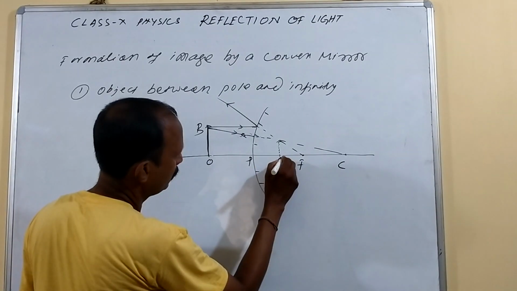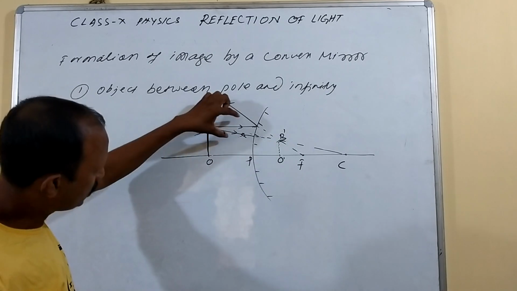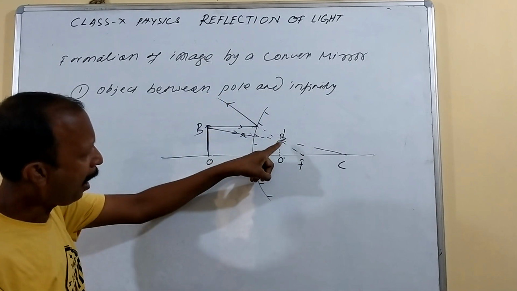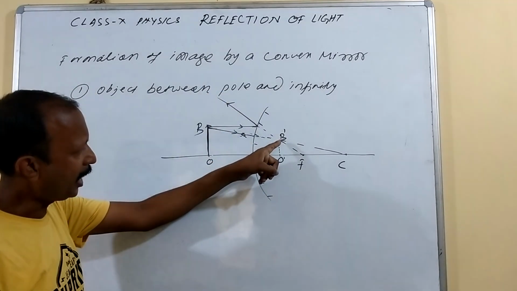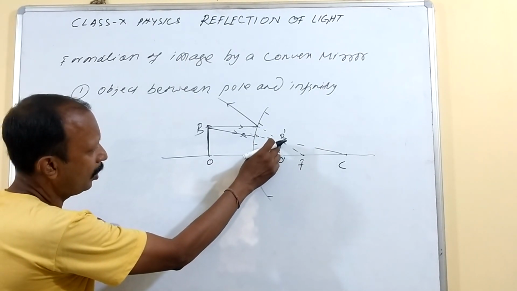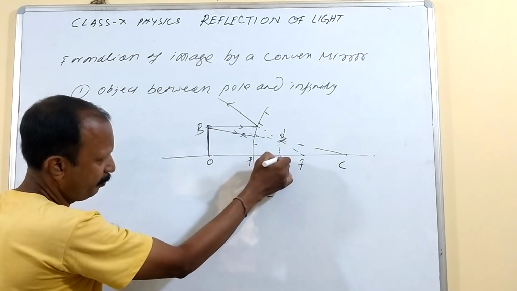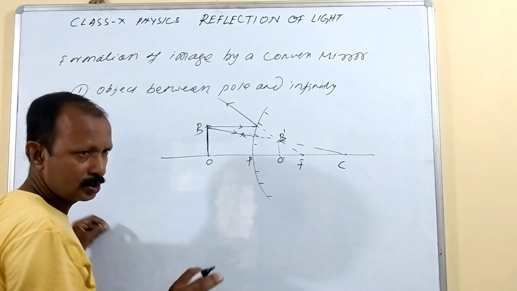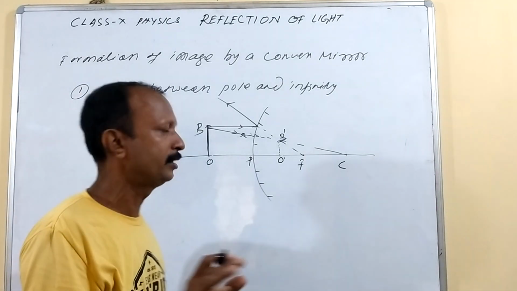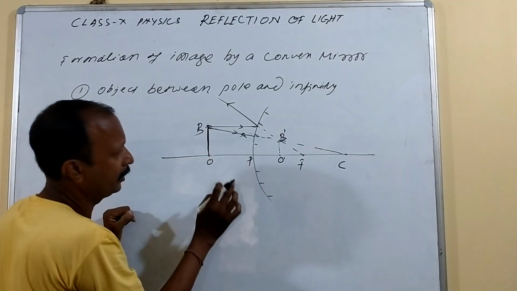So I can say that suppose O dash B dash is the image. In fact, these two reflected rays appear to be diverging from this point B dash. So B dash is the image of the point B. I have drawn the perpendicular here because in a ray diagram, from every point light rays are going and meeting at the line.